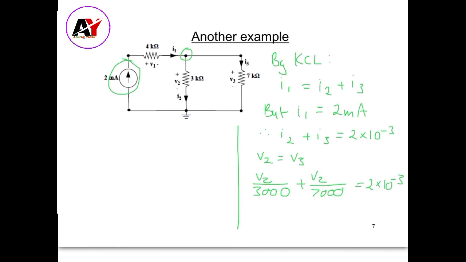If we multiply out, we get 7 V2 plus 3 V2 is equal to 42. So therefore V2 is equal to 4.2 volts.